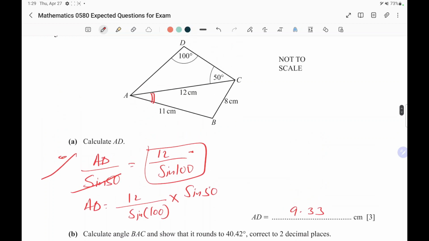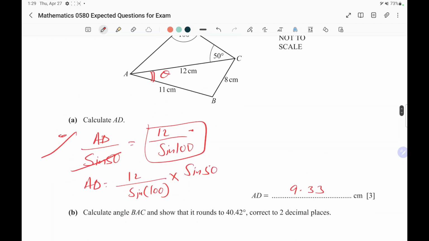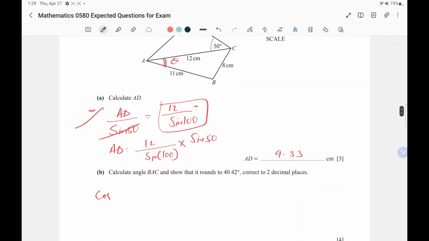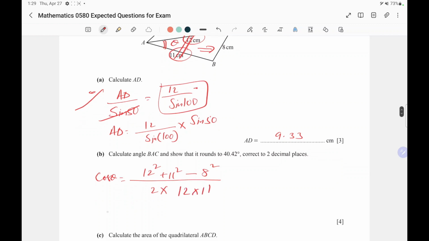Show BAC. So we have three sides, so we can apply cosine rule over here. So cos theta equals adjacent sides square, so that's 12 square plus 11 square minus opposite side, which is 8 square, over twice of adjacent sides multiplication. Okay, so now theta equals cos inverse.